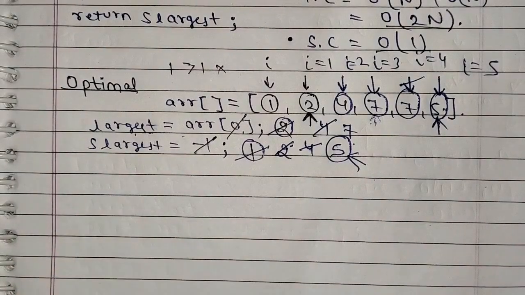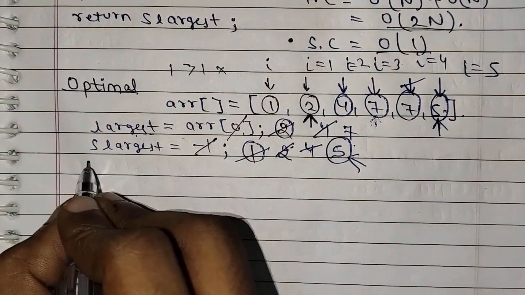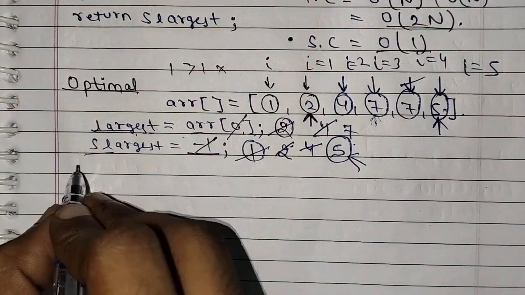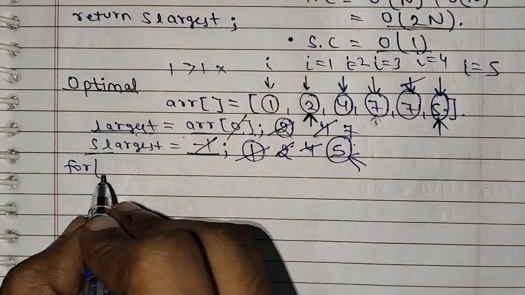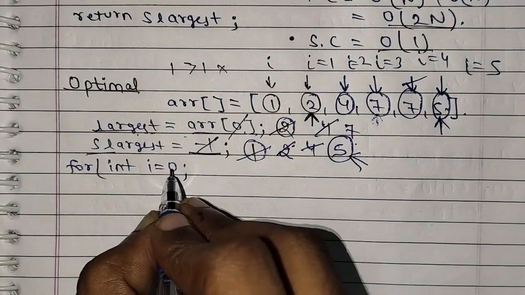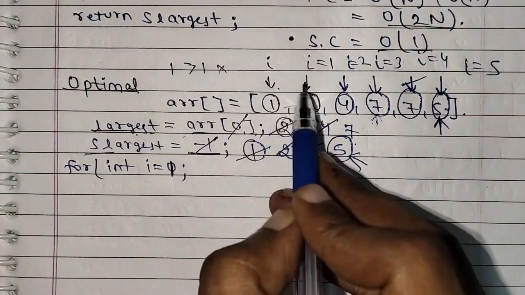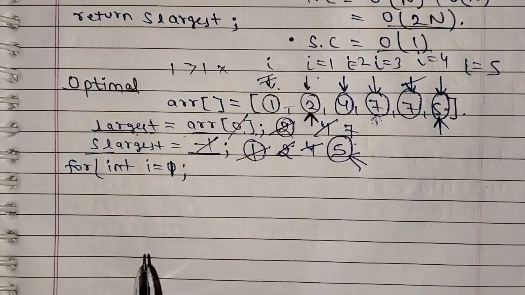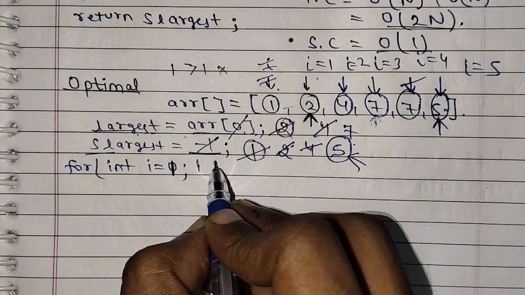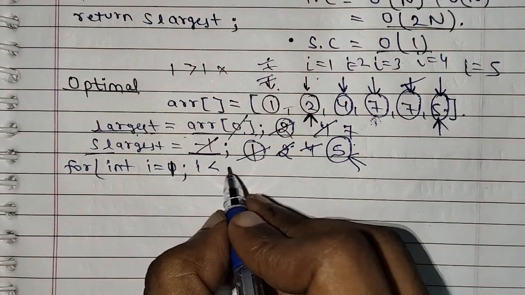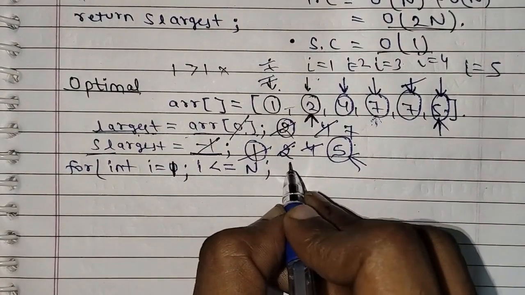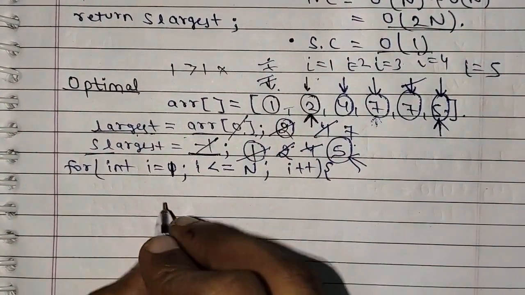Okay, so I'm writing the pseudo code. Largest is ARR of 0, second largest starts from -1, and then we start our for loop. Int I is equal to 1, because we are iterating from I is equal to 1, not from I is equal to 0. I is lesser than n, and always I plus plus.